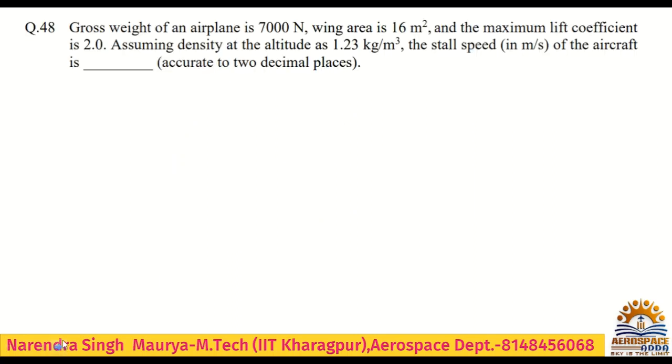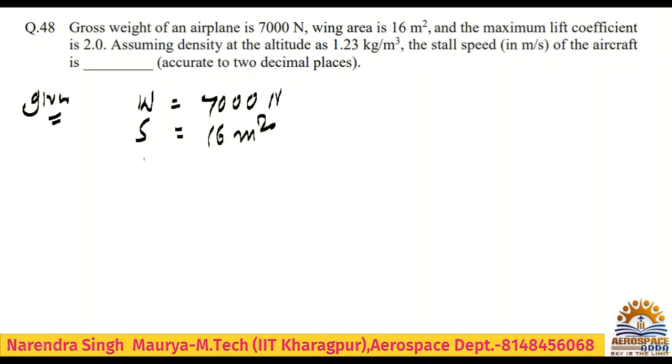Okay, this is another problem. Problem number 48. Gross weight of an airplane. So weight is given how much? 7,000 Newton. Wing area is given how much? 16 meter square. Maximum lift coefficient, when it is given, it means it is related to stall speed.